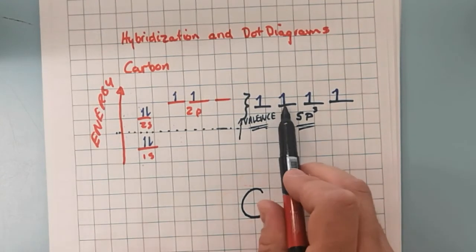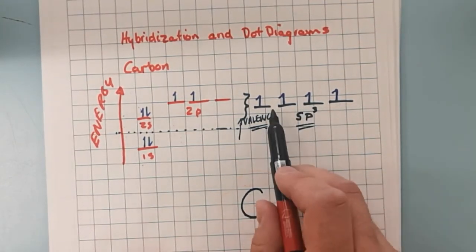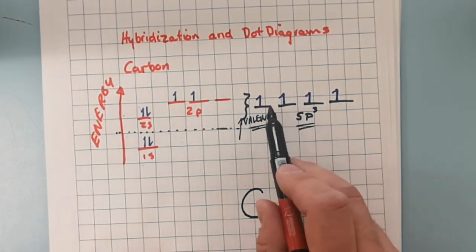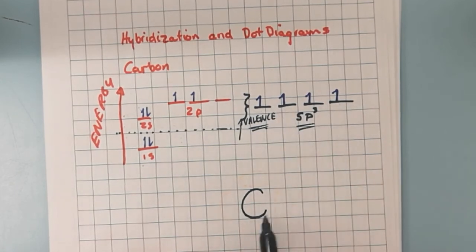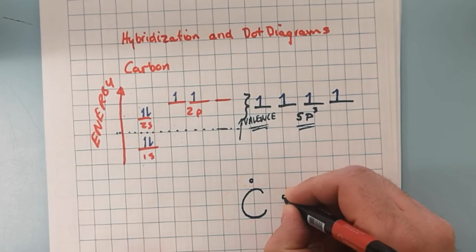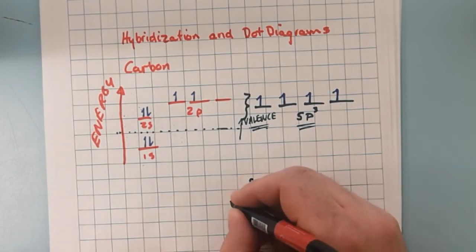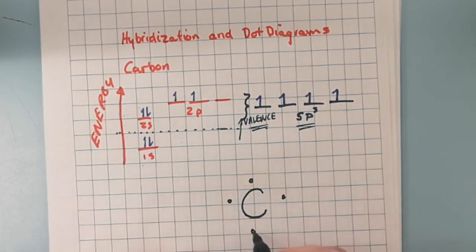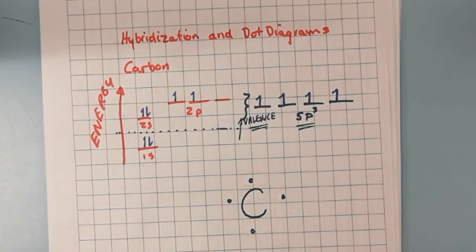Now you'll recall we have 4 valence electrons in carbon. In hybridized bonding orbitals we have 4 spaces in which we can fit electrons. When we draw those dots, 1, 2, 3, 4, we have our Lewis dot diagram for carbon.